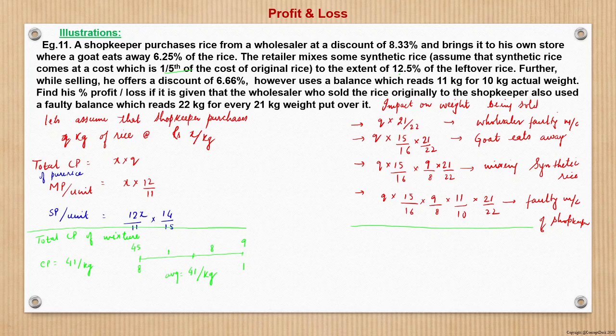That is 12.5% of the leftover rice, right? Synthetic rice is 1 by 8 of this term. So we will come here. Weight of, so let us, I mean, here we have found that CP of the mixture is 41 per kg.